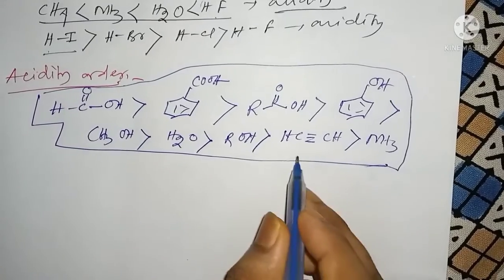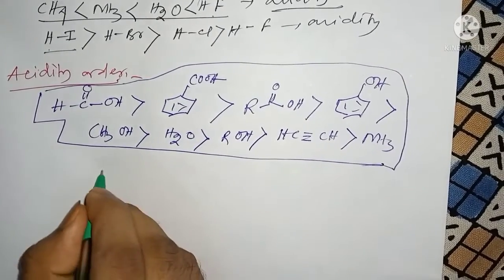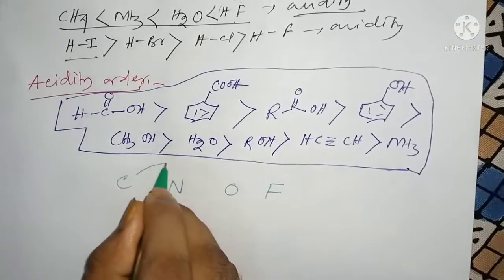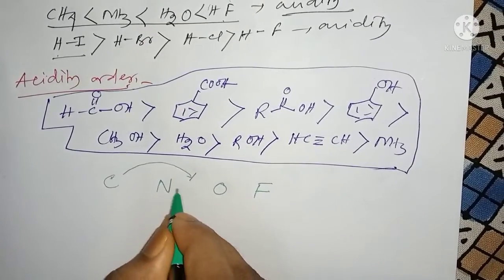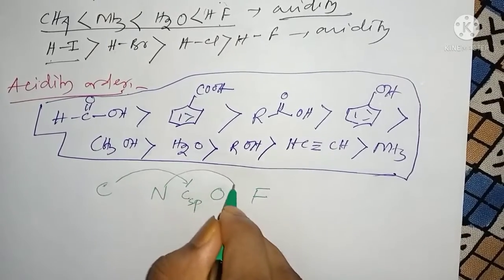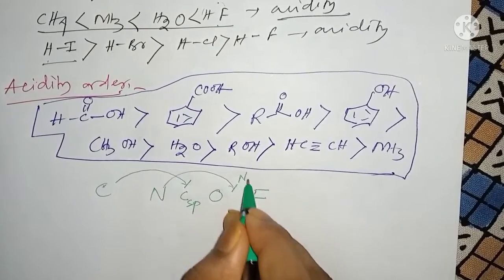Now carbon, nitrogen, oxygen and fluorine. Carbon sp is more electronegative than the nitrogen. Carbon sp and nitrogen sp are more electronegative than the oxygen.